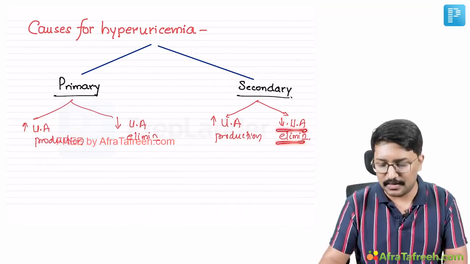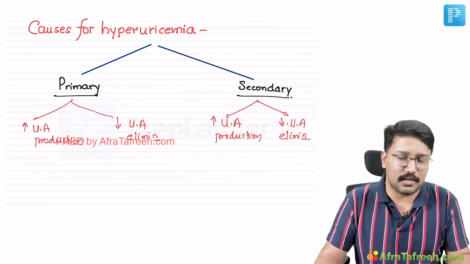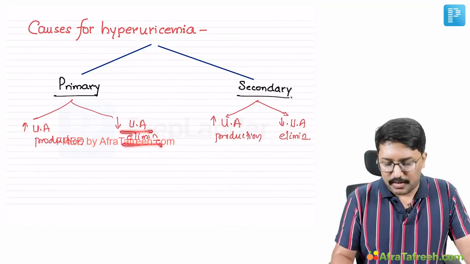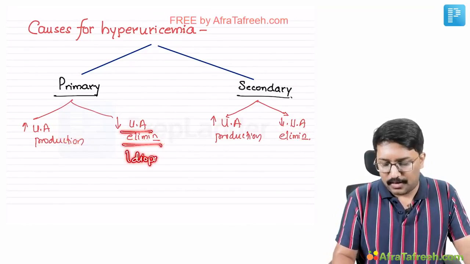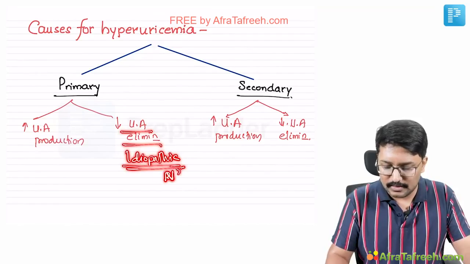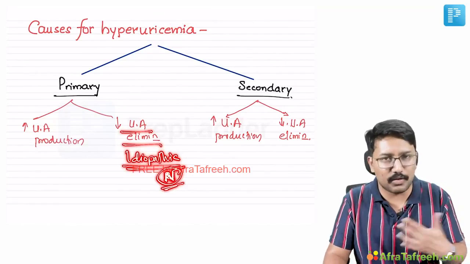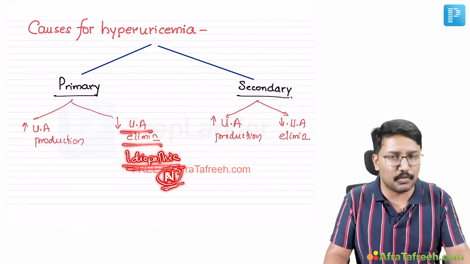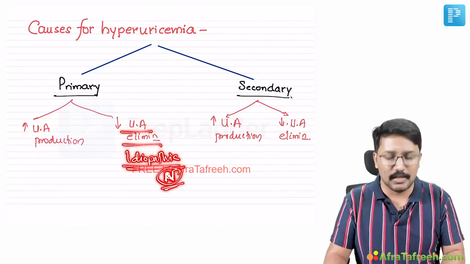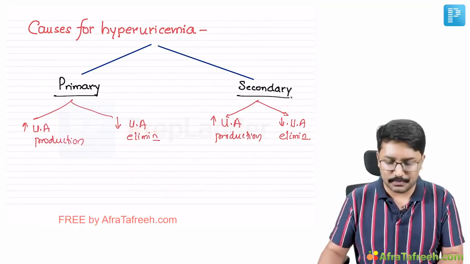Then we will call it secondary. In case of primary, it remains idiopathic. There is no renal disease. So you have normal kidneys, at least to start with. Once uric acid crystals are deposited, you can have abnormal kidneys. But to start with, you have normal kidneys, but for idiopathic reasons, there is decreased uric acid elimination, right?